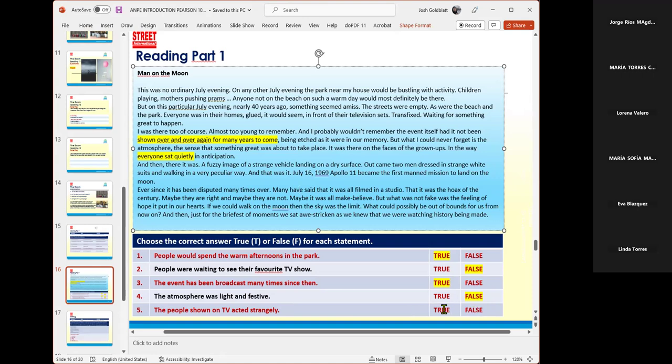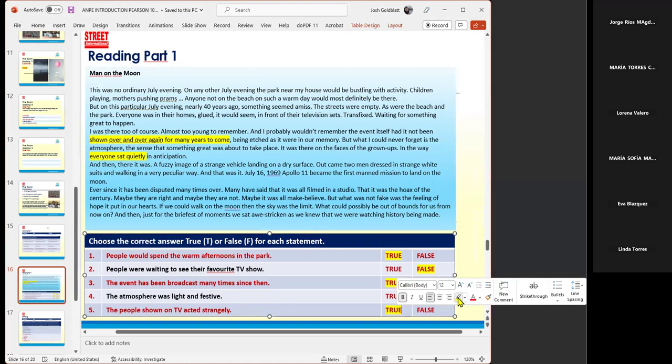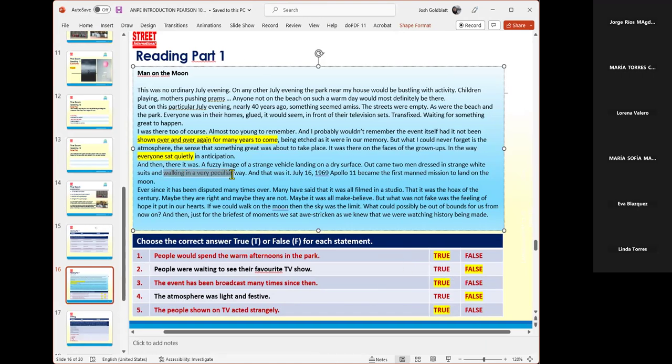True. Well, there we go. So they were walking in a very peculiar way. Congratulations. Okay, so that way we don't have to read everything. We only have to read a little bit, and then we'll be fine.